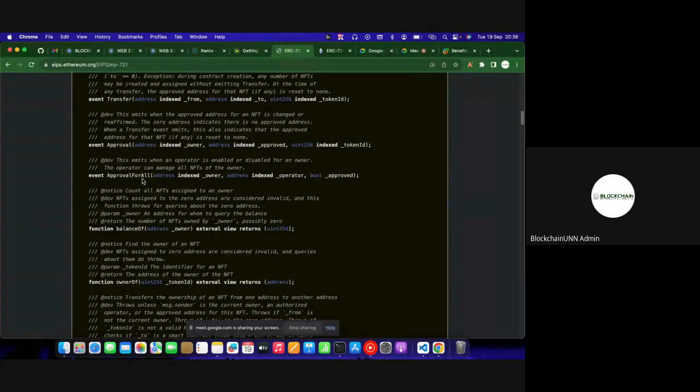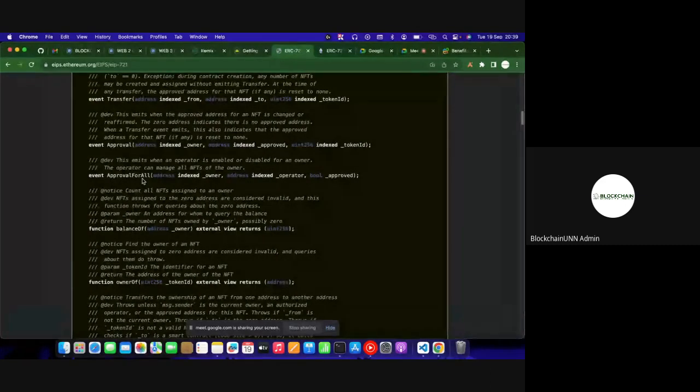And the way that is done is you need to give that operator, or that marketplace, the ability to manage all your NFTs. Now, this is a very risky one, and you need to be sure that you are calling this approval for all function only on reliable operators, operators you trust.